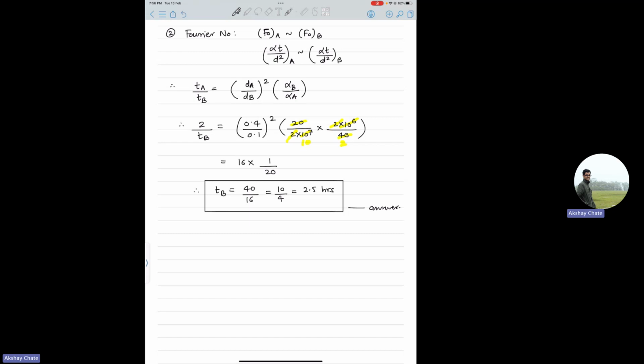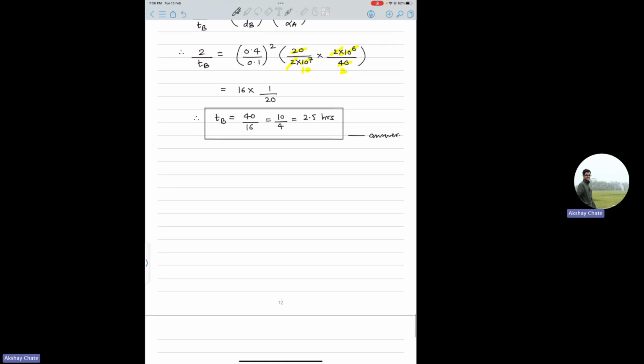So basically, I'll explain this because I saw one problem in your assignment also. See, 2D steady state heat conduction in the Cartesian system, and I think the heat generation is zero.